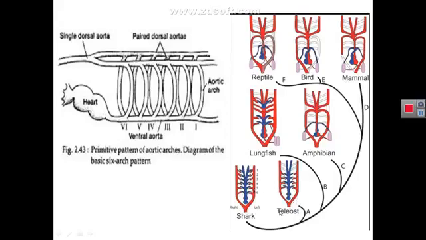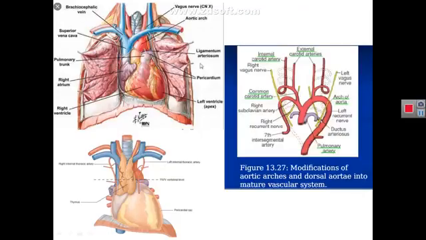In each type of animal, some of these 6 aortic arches will disappear, the others will further develop, resulting in a specific configuration of the arterial system. If you look at the human, these dotted lines represent the 6 aortic arches connecting the dorsal aorta with the ventral aorta.